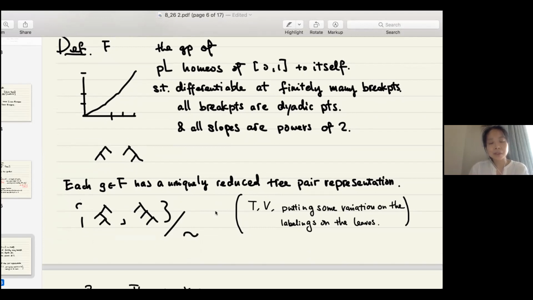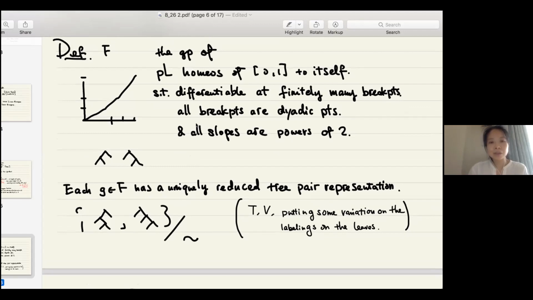So that represents an element of Thompson's group. And for every element, we actually have a unique reduced tree pair representation, which means that the number of carets in each tree of the tree pair is minimum.